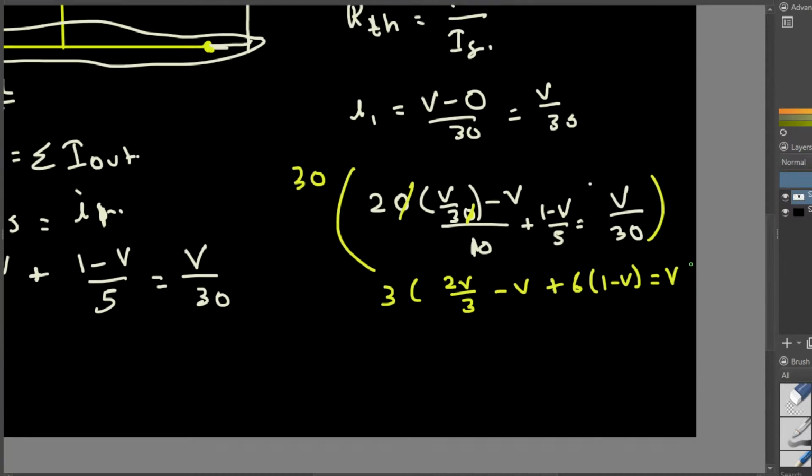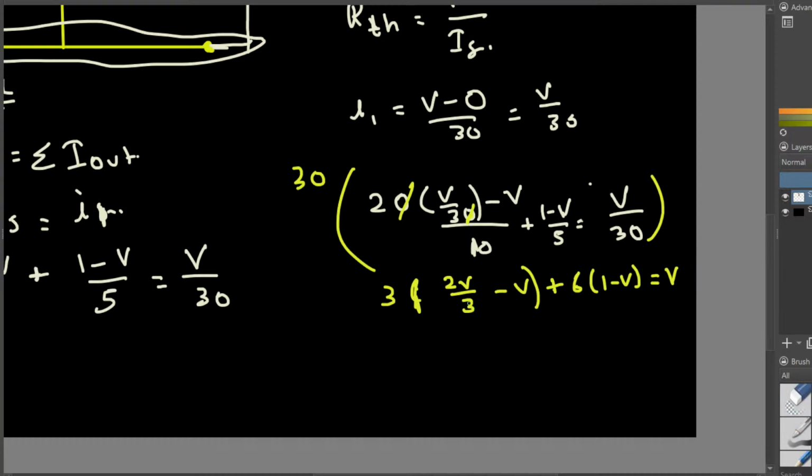We multiply both sides by 3. Oh no, 30. I applied 30 for this one and only 3 remains for this, so I'm just multiplying this 3 by these two only. This bracket is unnecessary here.